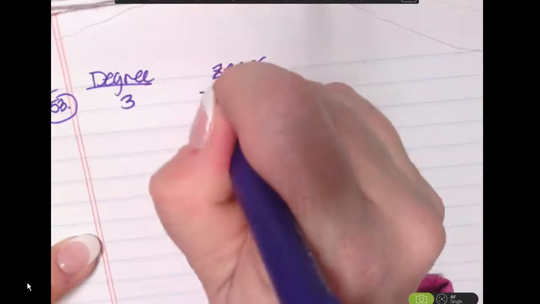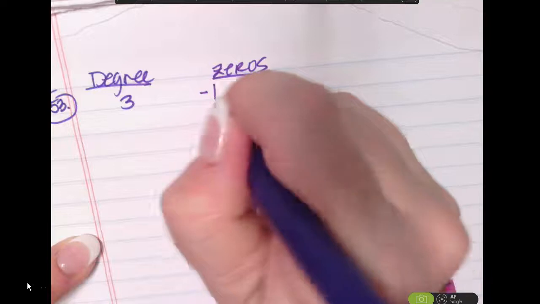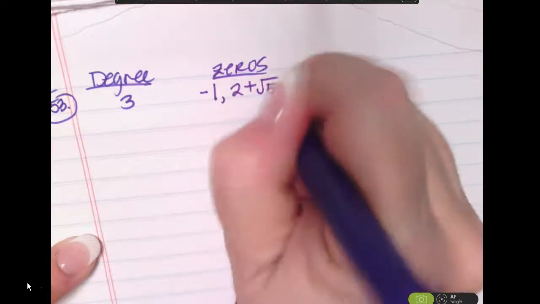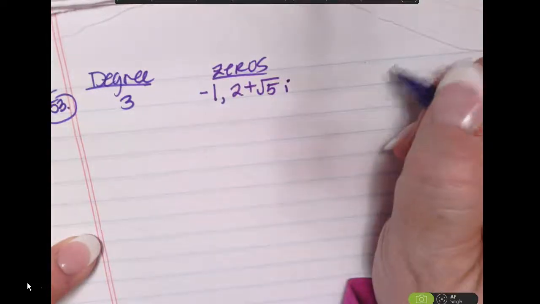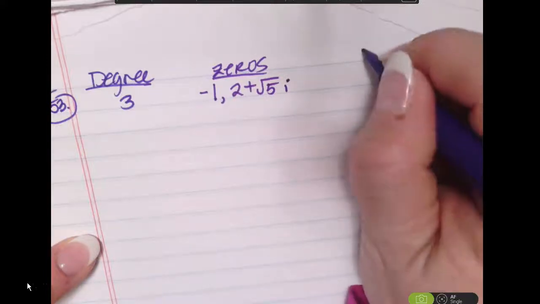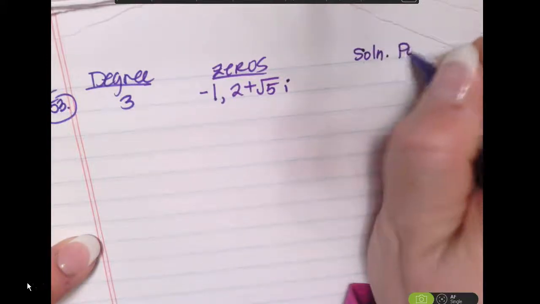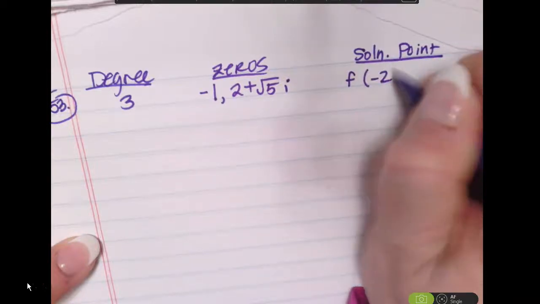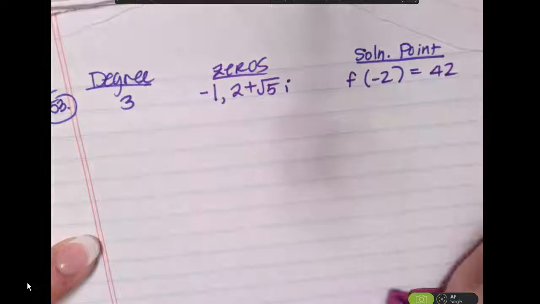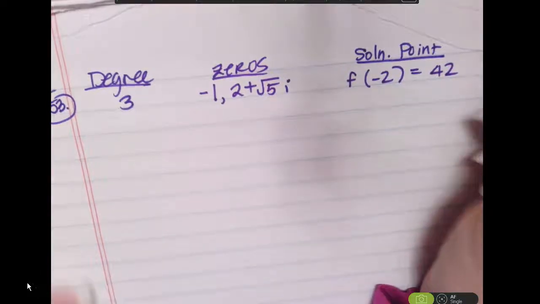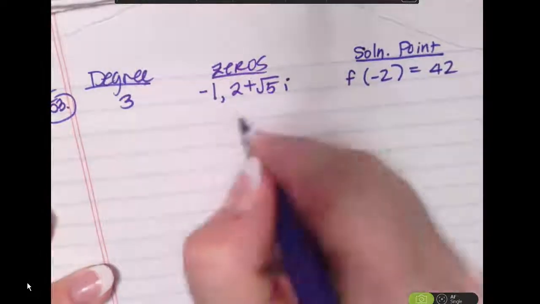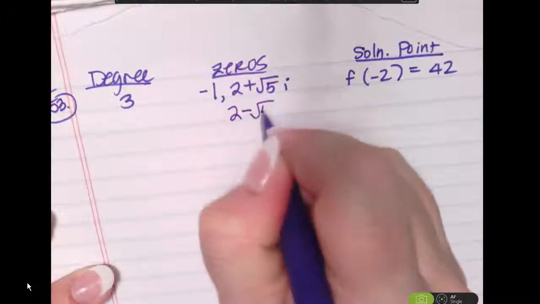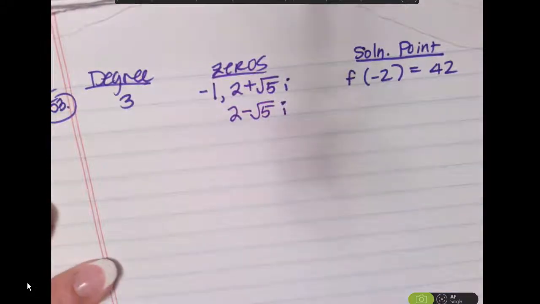We've got negative 1 and 2 plus radical 5i. And they're telling us a solution point, f of negative 2 is 42. So let's see what we can do with that. First of all, we can go ahead and add in the 3rd zero. So we really could use the techniques that we did in the last problem to figure this out.